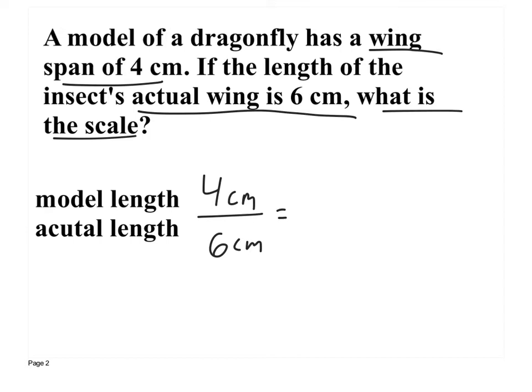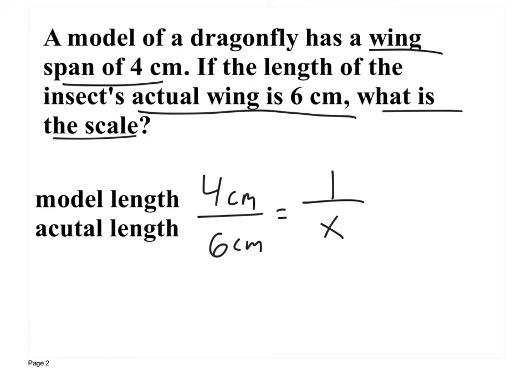And then to do a scale, I'm going to set it up with a ratio of proportion, just like we did yesterday, of 1 over a number, 1 over x. I need to figure out how many centimeters the actual length is compared to 1 centimeter of the model. So we just set it up just like this.